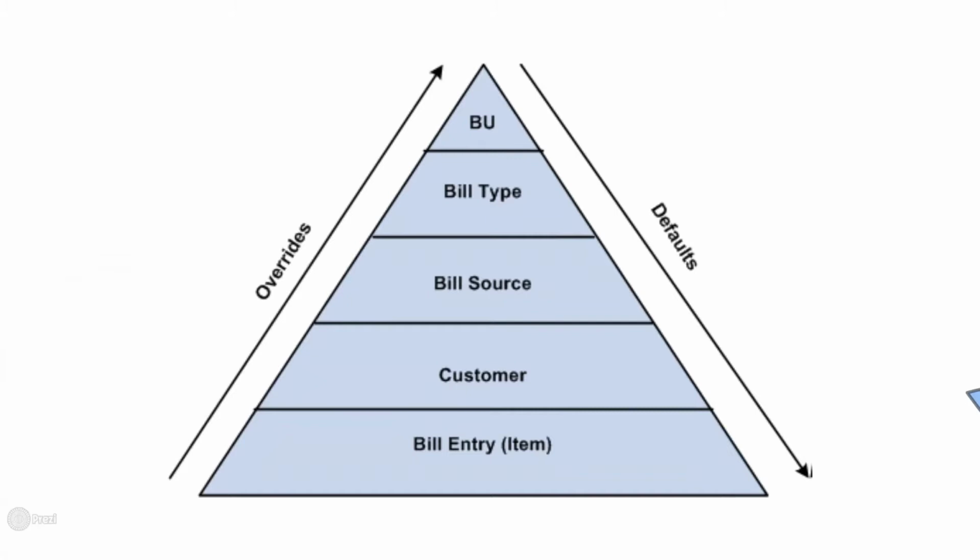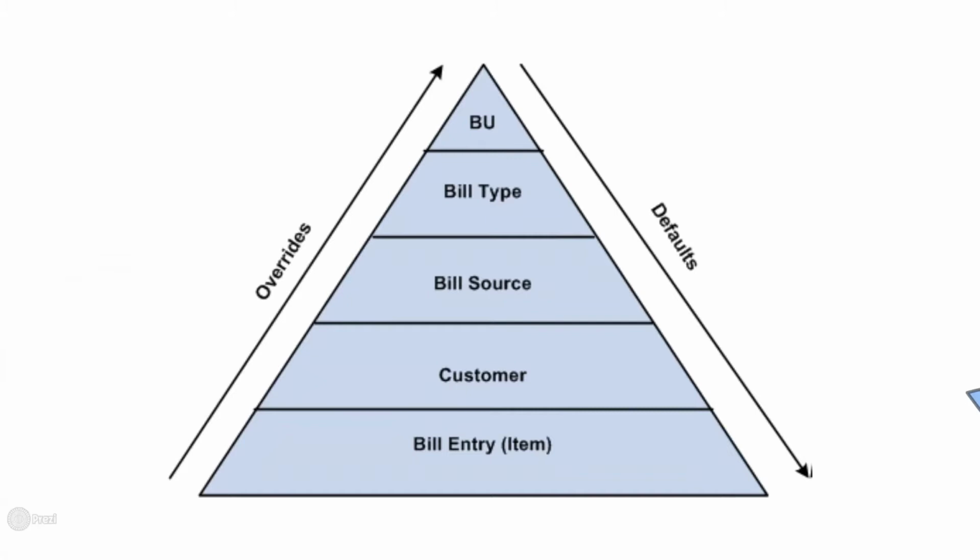The next default on the hierarchy is the bill source, and that's set up for specific organizations. Again, the customer: there are fields on the actual customer itself that can be set up that populate certain fields on a bill once it's created.